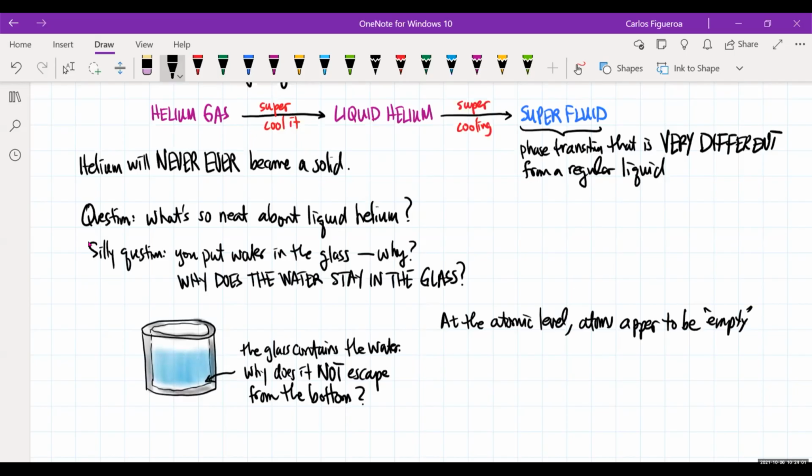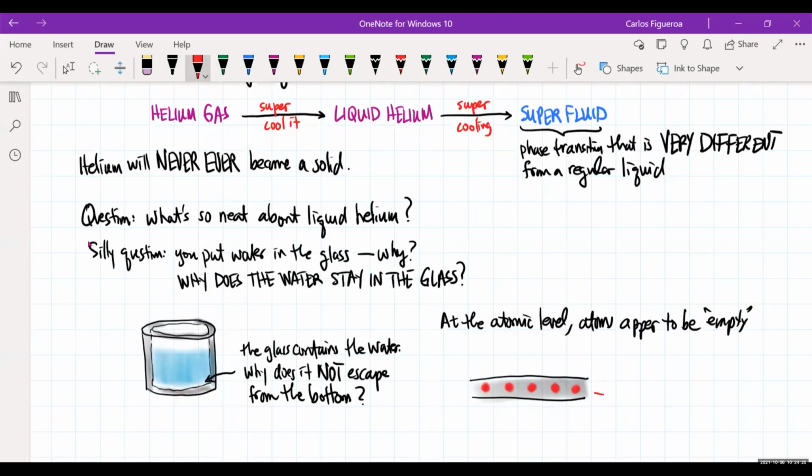So when you're looking at this thing, here is the bottom of the glass. And when I look at the bottom of the glass, I have atoms. These guys here are my atoms, and they sort of have a lattice structure.